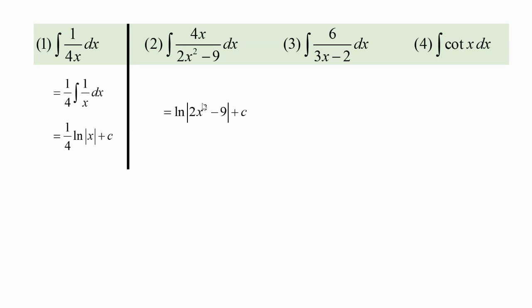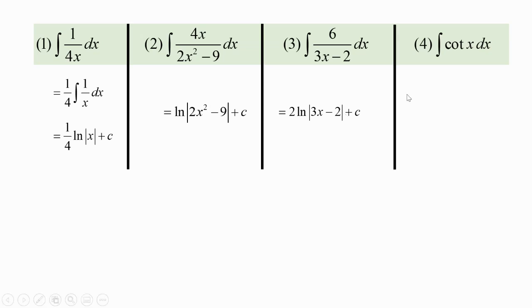Okay. The next one is linear. So I know I want to have that derivative below. So this is going to be 6 over 3 ln mod 3x minus 2. Okay, so there it is. 6 over 3, which is 2 ln mod 3x minus 2 plus c. All right.